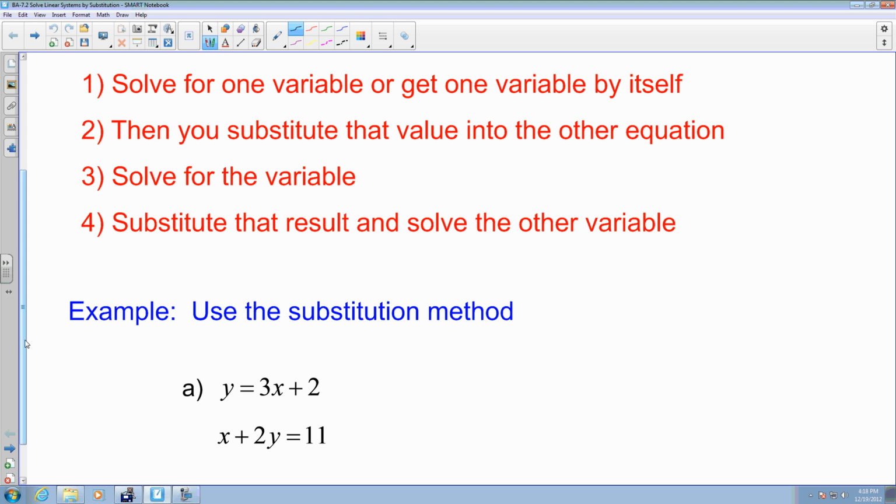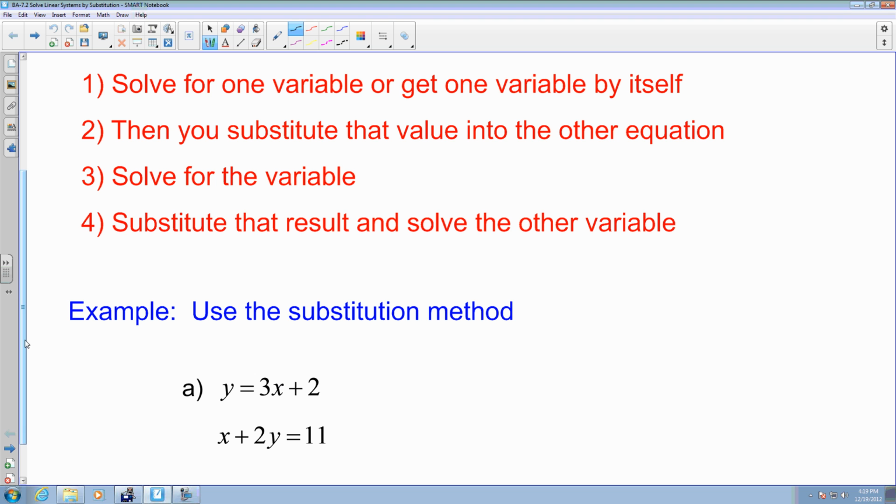Once we do that, we can substitute in that value into the other equation. Once we do that substitution, we solve for the variable that we have in there. Once we solve for that one, we substitute in that result and then solve for the other variable. Now that may sound complex with those steps.